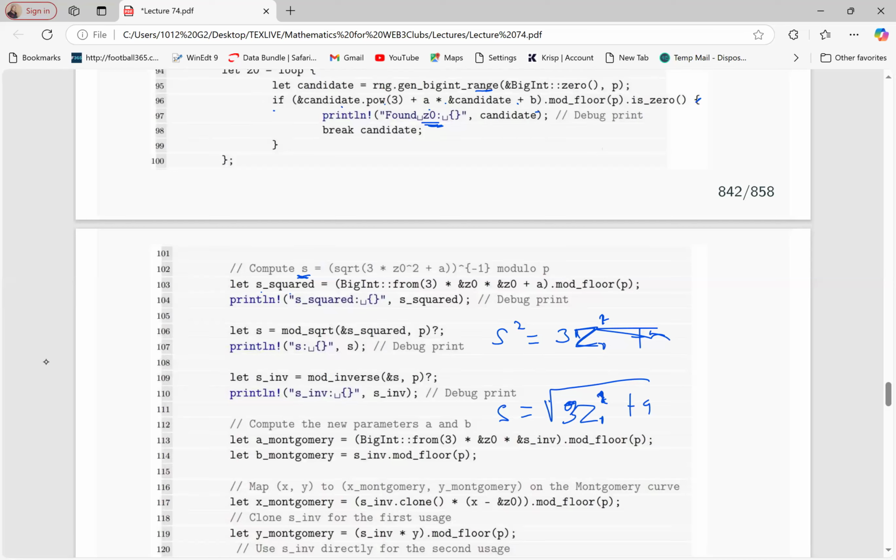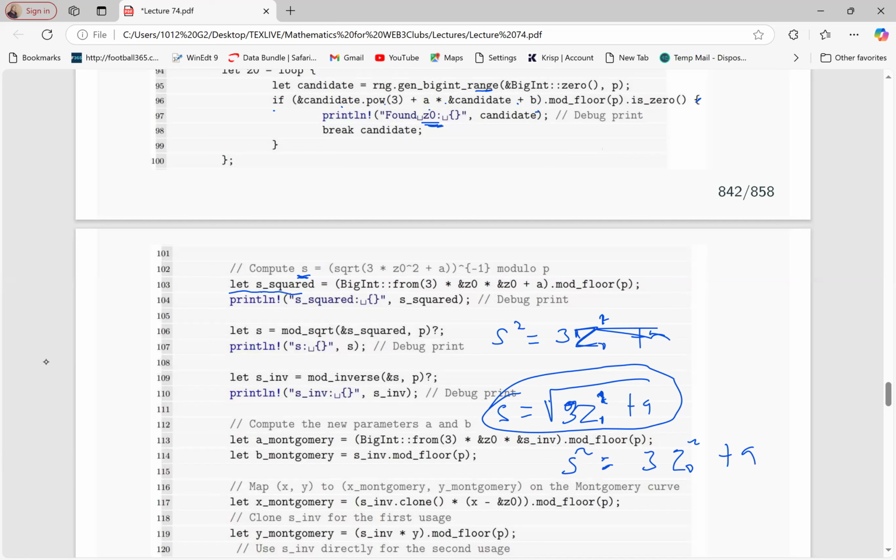I want to concentrate on this. To remove the square root, S squared will now be 3Z naught square plus A. So that is the part that is here.